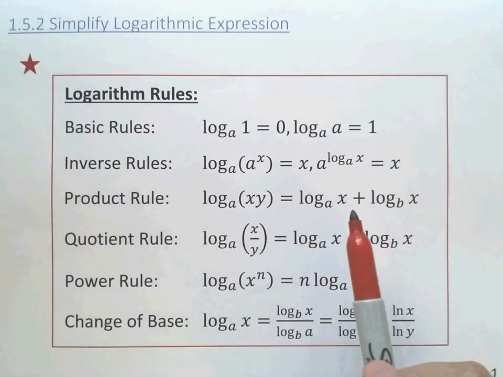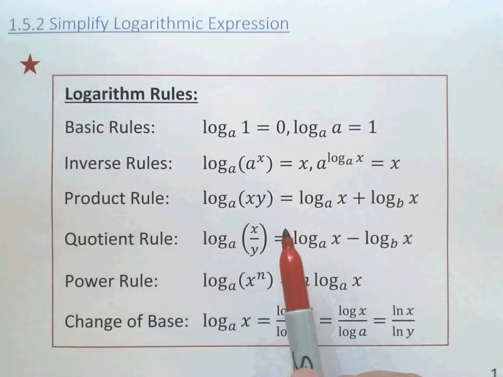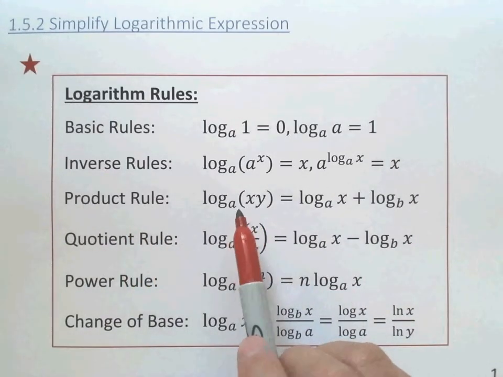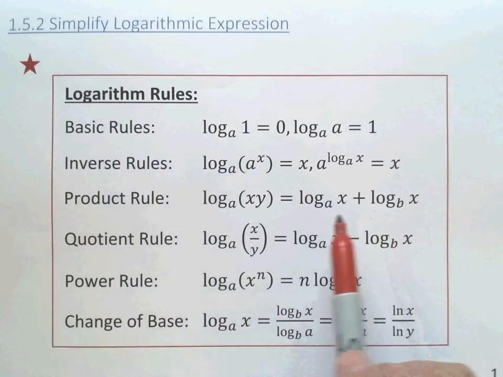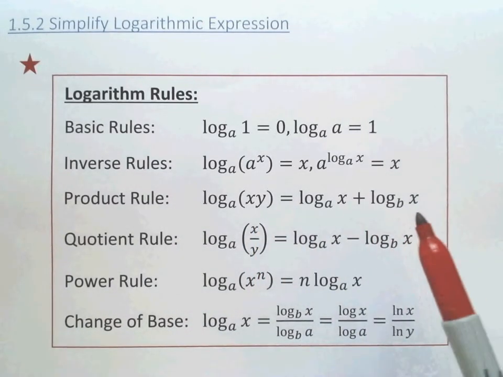We have a product rule: when we take a log of a product, we change it to addition. Can you see? Change it to addition. A normal error is this.